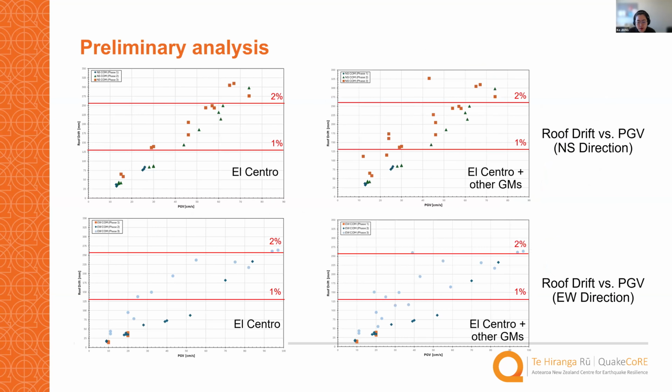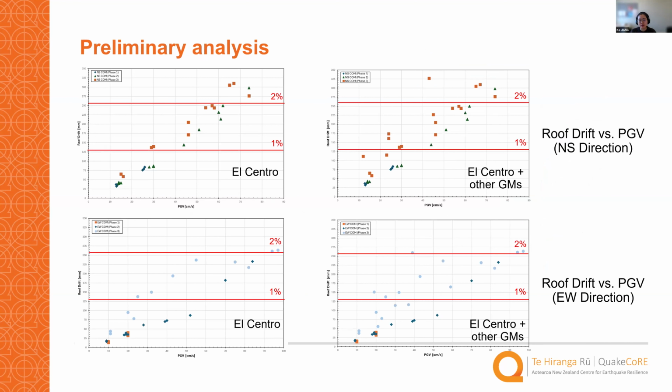Okay, so besides damage, I also want to show some numbers. Here are four figures with the roof drift plotted against the PGVs. The top two are for the north-south direction, and the bottom two are for the east-west direction.